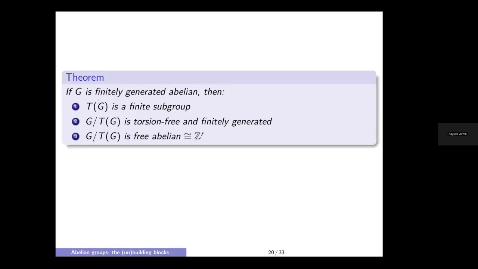So T of G is a finite subgroup, and when we form the quotient group with respect to the torsion subgroup, then it is torsion free and finitely generated.